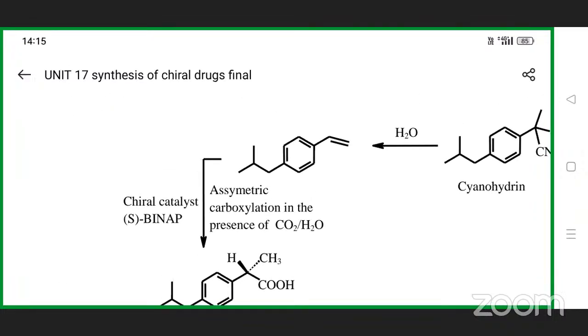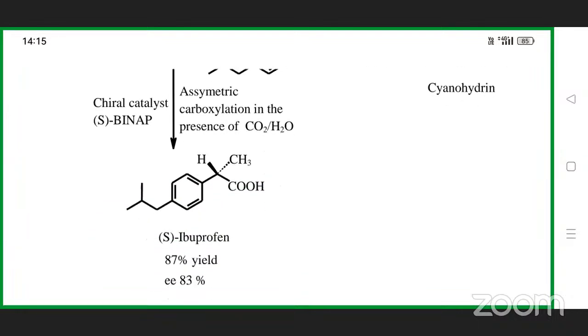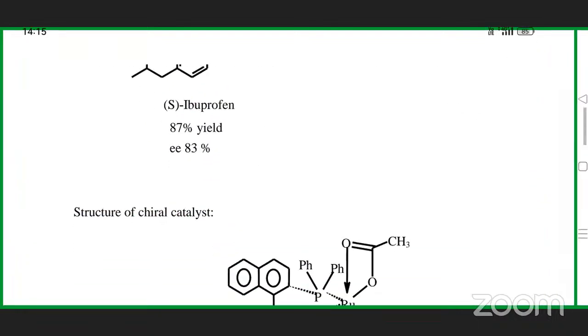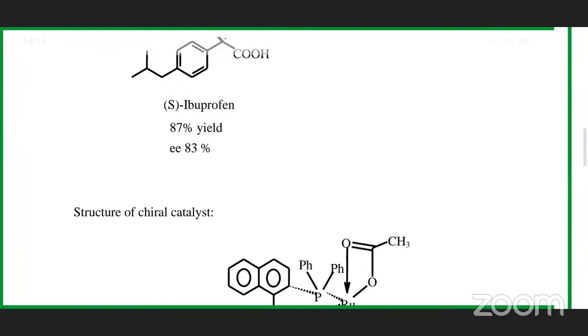To avoid getting the racemic mixture, we have to use a chiral catalyst, right? With a chiral catalyst, we get only one isomer, the enantiomerically pure compound. 100% product will be obtained here. But the difficulty is that purchasing this chiral catalyst is very expensive.